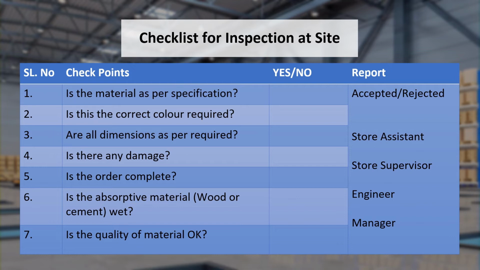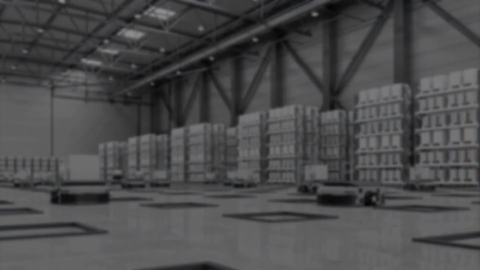Is the order complete in terms of quantity and quality? Are any absorptive materials, wood or cement, found to be wet? Or is the quality of material okay or not? So a checklist is prepared, and it is duly signed by the store assistant, store supervisor, engineer, and manager.